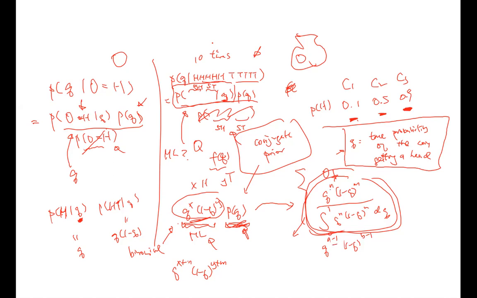The normalization factor will become a function of a and b, which is equal to something we call the beta function, B(a,b). So the beta distribution of q parameterized by a and b is q^(a-1) (1-q)^(b-1) over B(a,b).